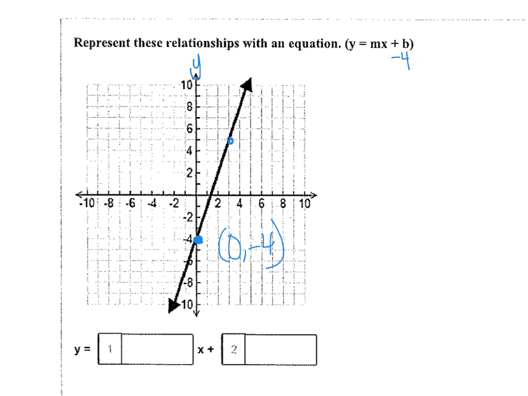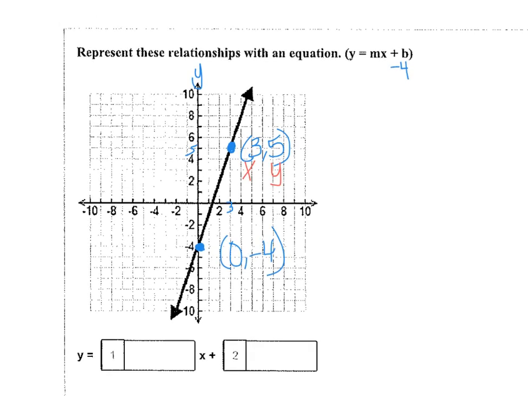I'm also going to use, I think 2 is a point, but I'm not really sure. So I'm going to use this, which is at 3, 5, to find my slope. If I have 3, 5 and 0, -4, I'm going to call this x1 and y1, and this x2 and y2.